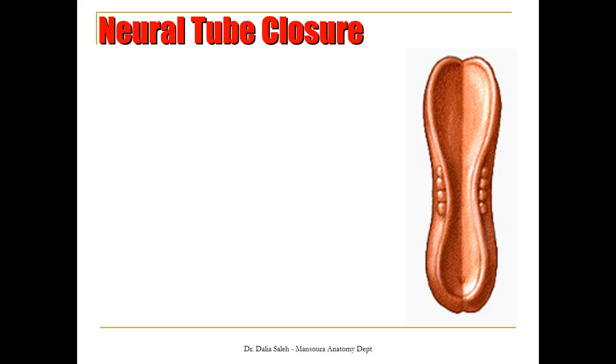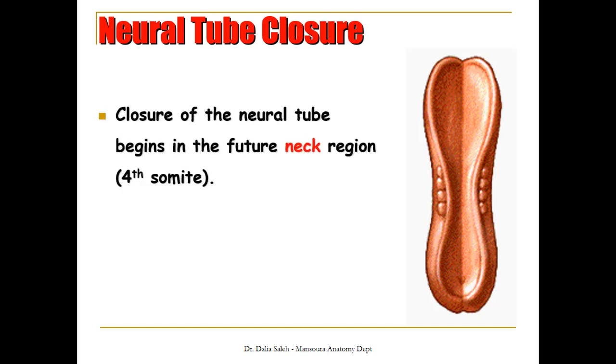So what about the neural tube closure? The closure of the neural tube begins in the future neck region of the embryo, approximately at the fourth somite stage. This is the neural groove stage, and these edges are the neural folds, and you can see four somites on each side here.